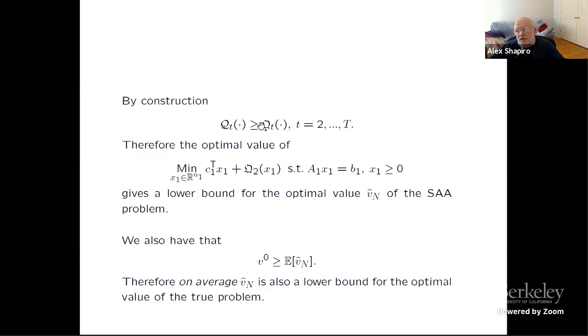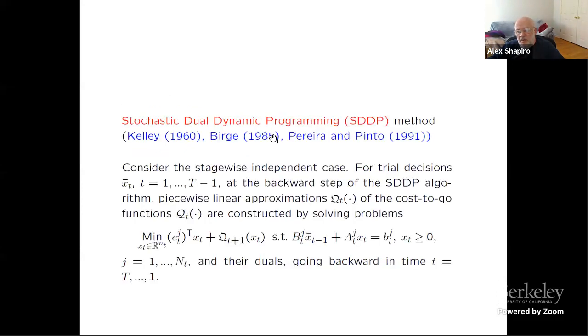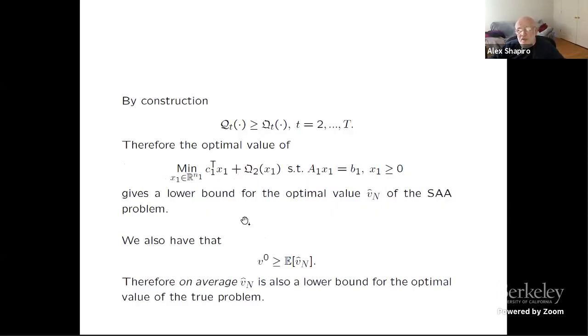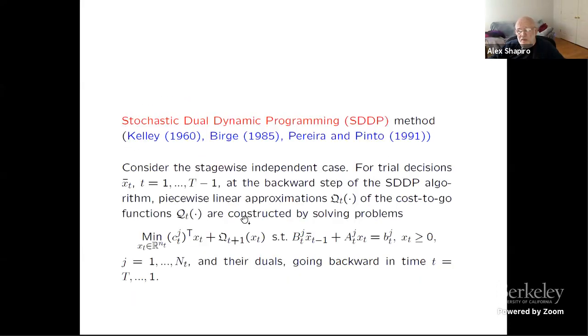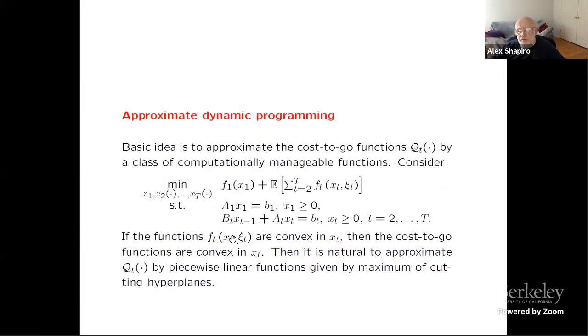Now, every time we construct these functions, somehow, right, we generate a policy. We generate a policy for the true distribution or for a discretized distribution. How does it work? We simply go backward in time, right? And every time we solve this problem.